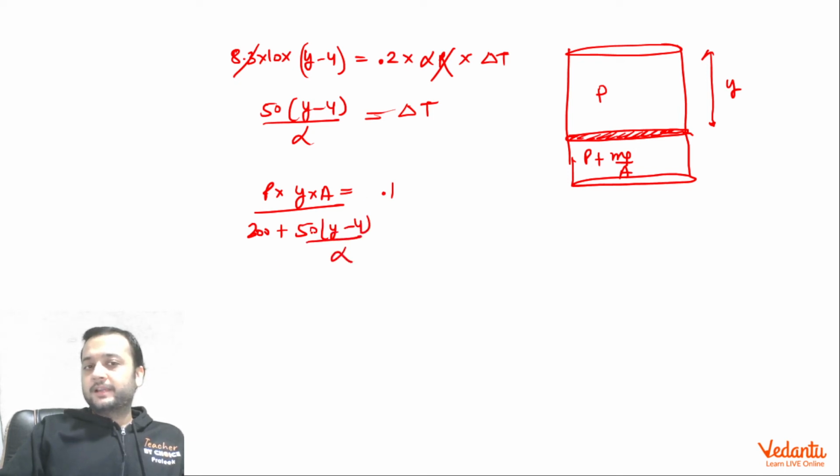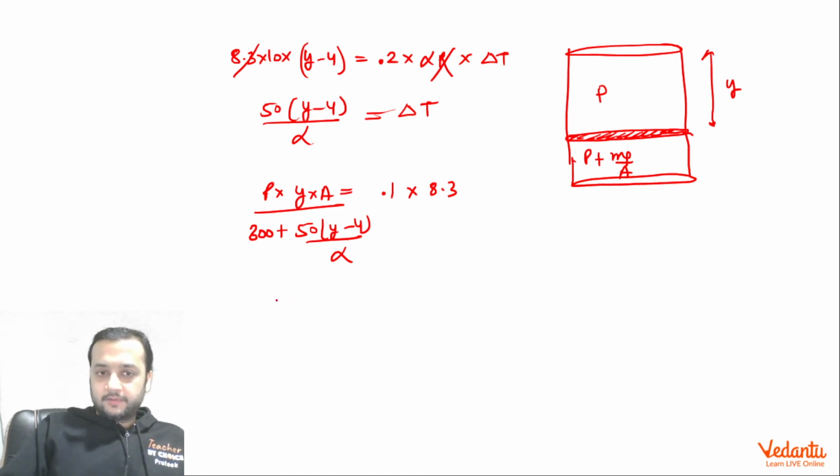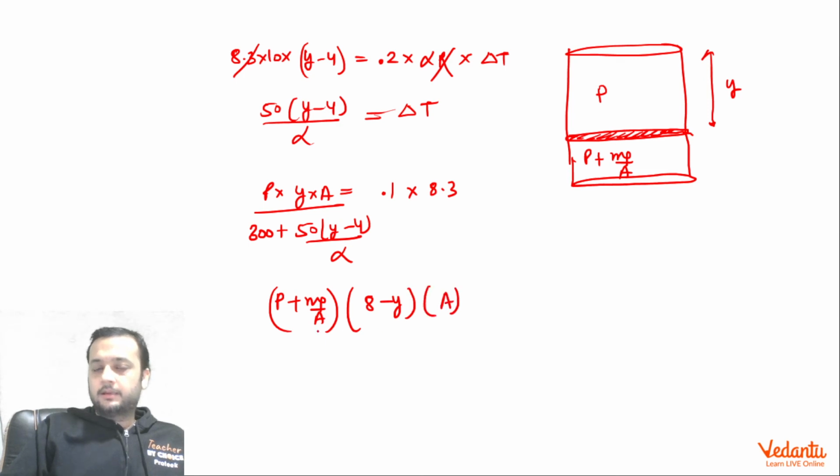So PV by T is equal to nR. R is 8.3, right? And for the bottom cylinder, we can say that P, which is this, into V will be (8 minus y) into A, right?